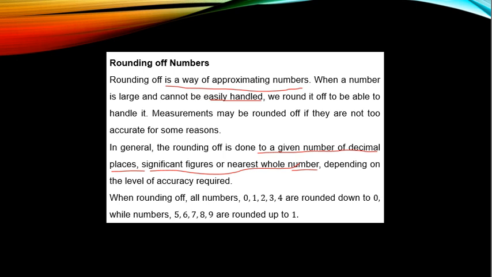When rounding off, all digits 0, 1, 2, 3, 4 are rounded down to 0. Note that. While digits 5, 6, 7, 8, 9 are rounded up to 1. When we take examples later, you will see this clearly.